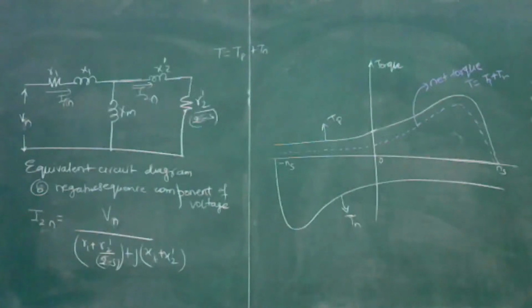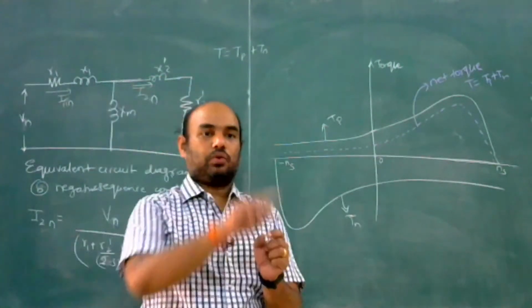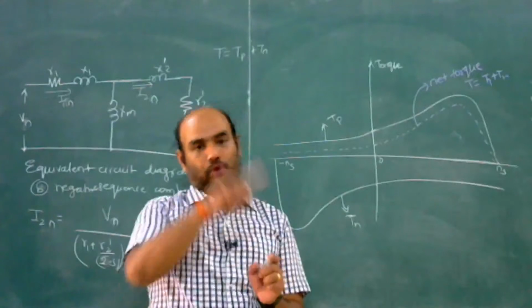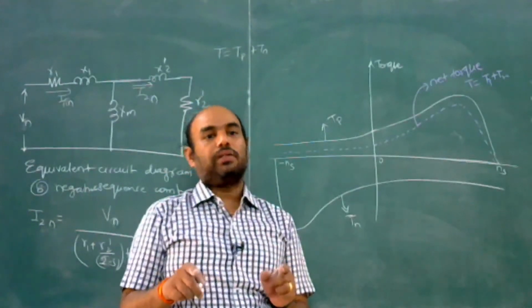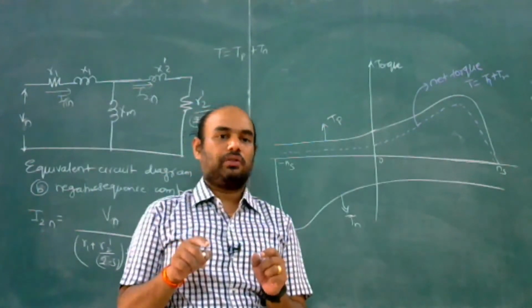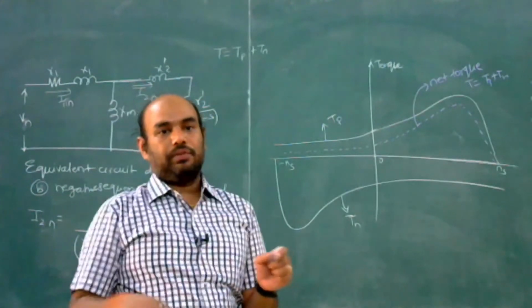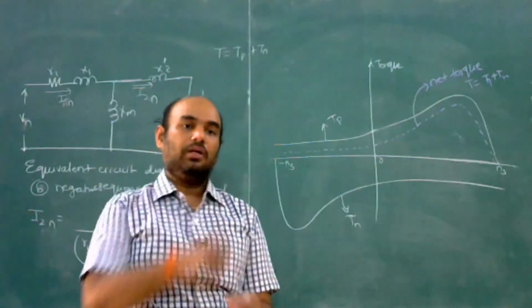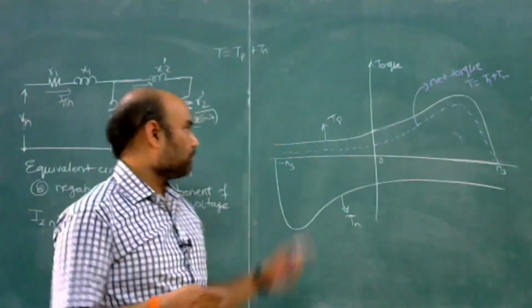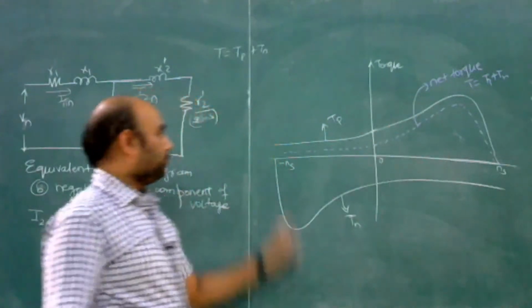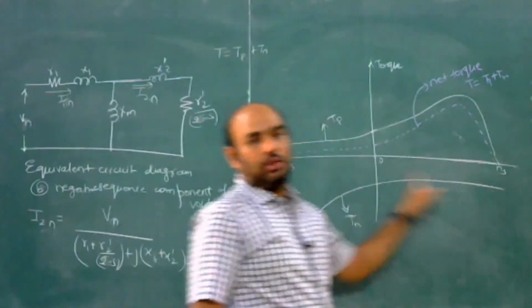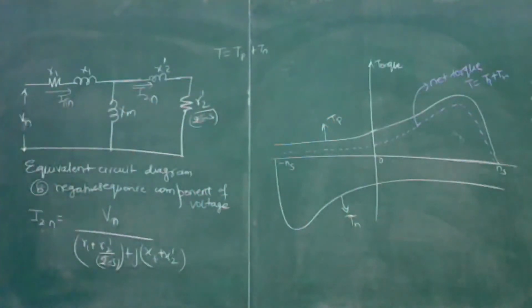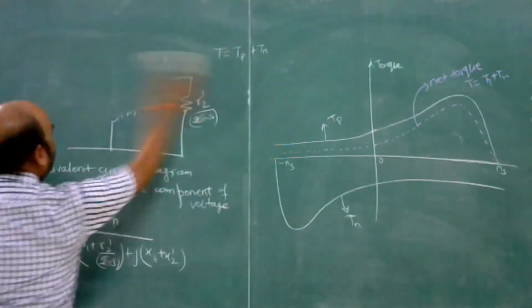Okay, so one field is moving in the positive direction, in the forward direction, which is due to positive sequence voltage, and another field is revolving in the reverse direction of the synchronous speed. So this will reduce the overall torque. Torque will get reduced due to this negative sequence torque, the torque due to negative sequence voltage. So we get reduced torque as compared to the original torque.